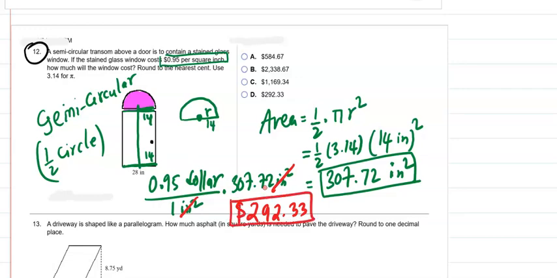That's what you need to put in this transom stained glass window. Okay, the answer is D.